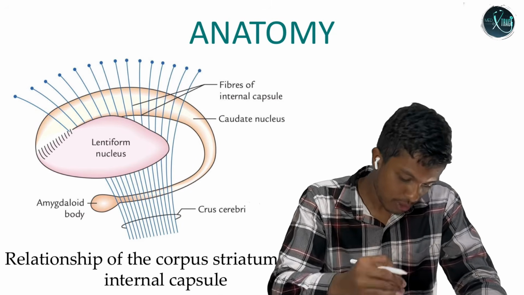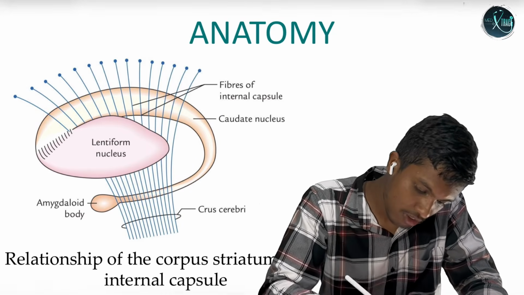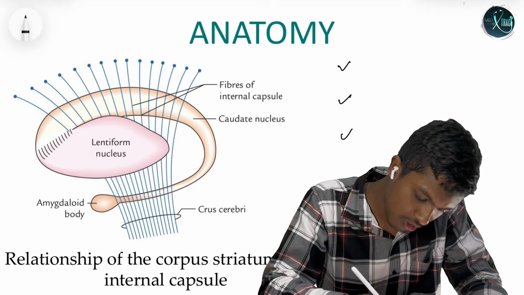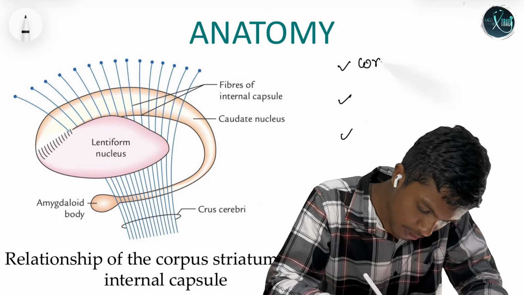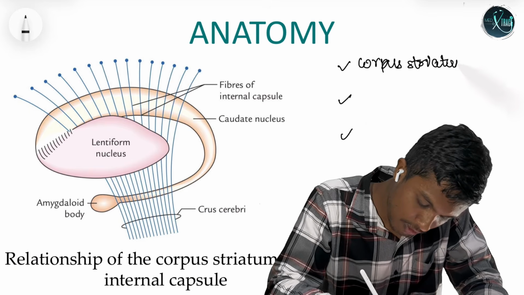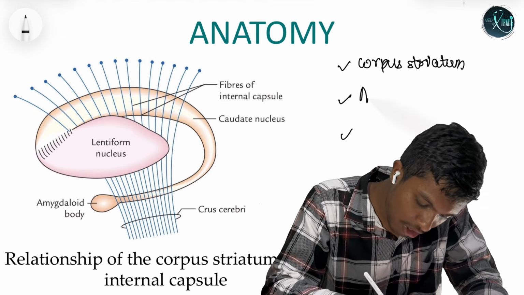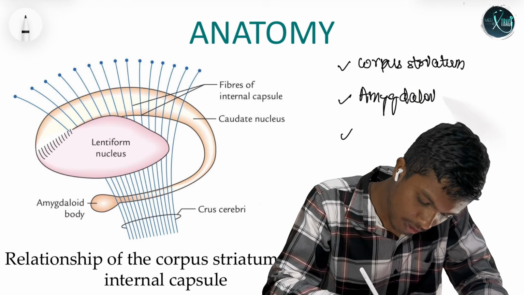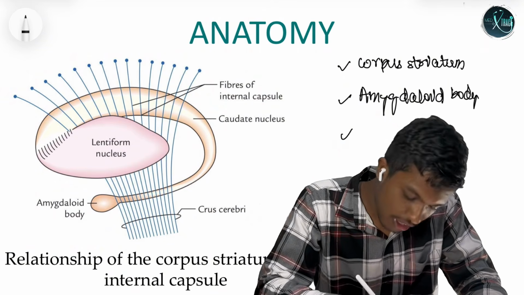It is mainly made up of the corpus striatum, the amygdaloid body or amygdala, and the claustrum.